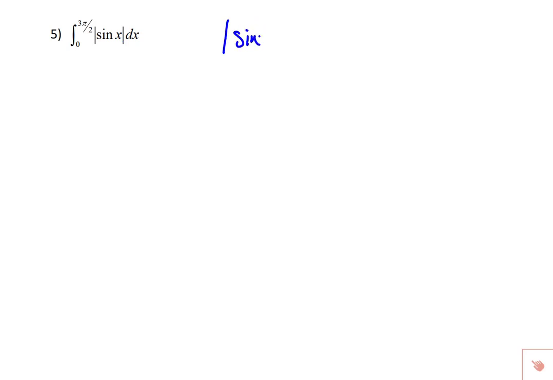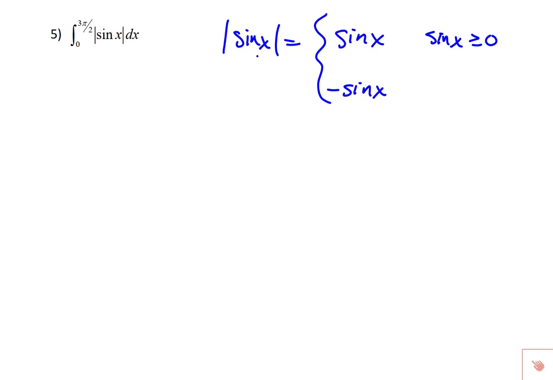The absolute value of sine of x could be defined as a piecewise, where it's either equal to sine of x or negative sine of x. Okay, so it's equal to itself, sine of x, when sine of x is greater than or equal to 0. That's consistent with absolute value definitions in piecewise form. Or it's equal to its opposite when the sine of x is less than 0.